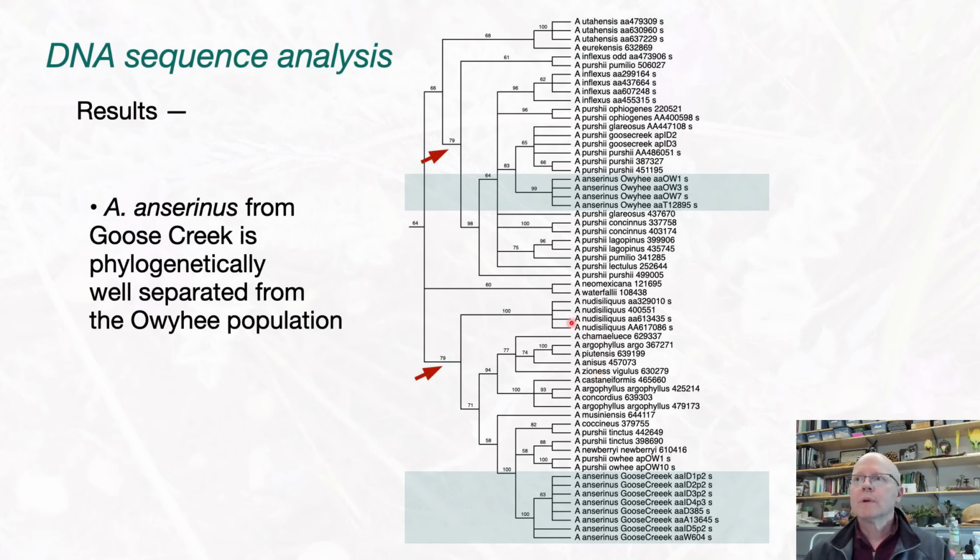And more to the point, with the species we're interested in, Astragalus anserinus actually occurs in two really widely separated clades, more closely related to a number of other taxa from section Argophyllae and subsection Eriocarpi.